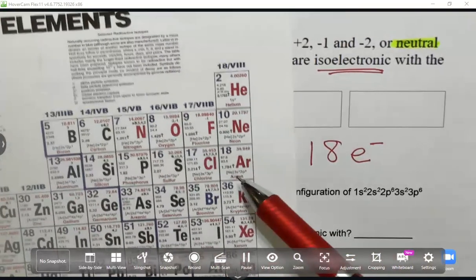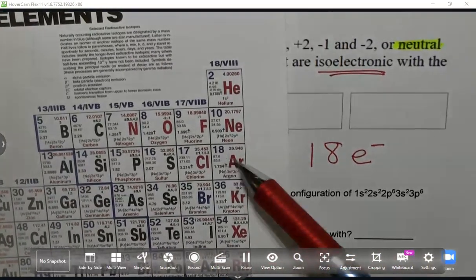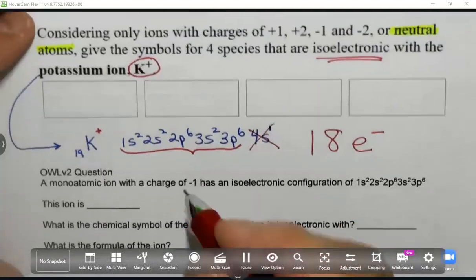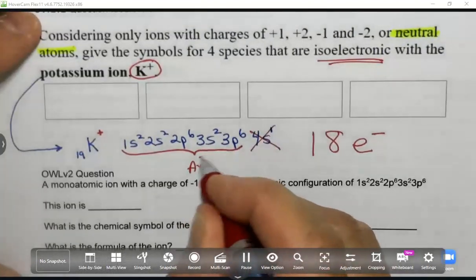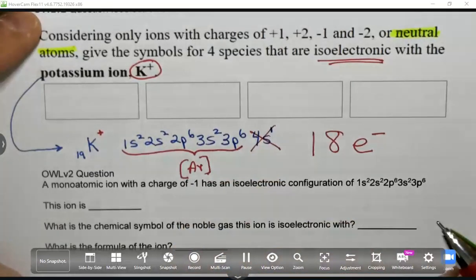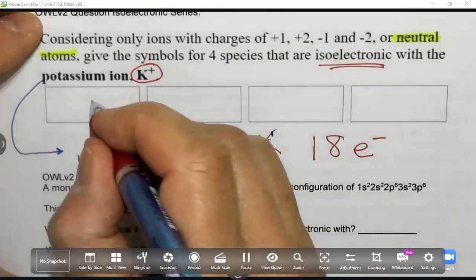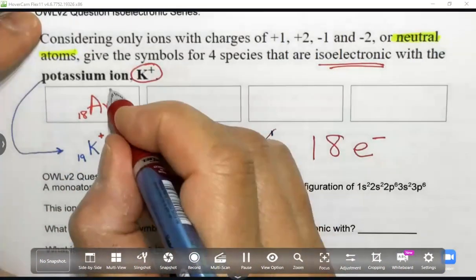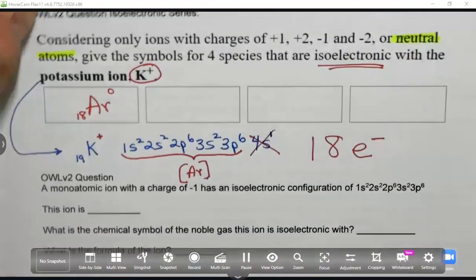Neutral atom would be argon, right? 18 electrons for argon. So my neutral atom I can put in here is argon. 18, neutral atom, no charge.